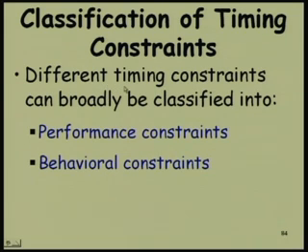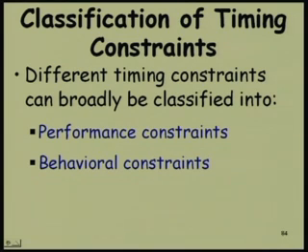The timing constraints, as we said, are defined with respect to some events, and there are two types of timing constraints. One is the performance constraint, which is a constraint imposed on the response event.